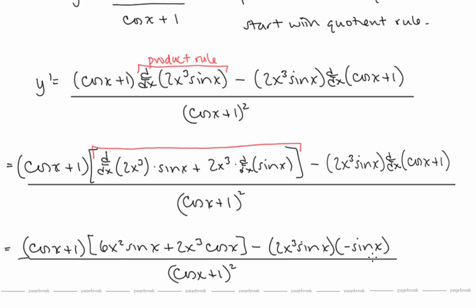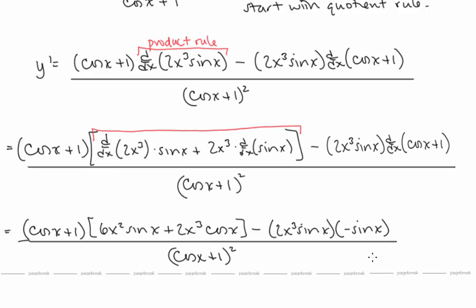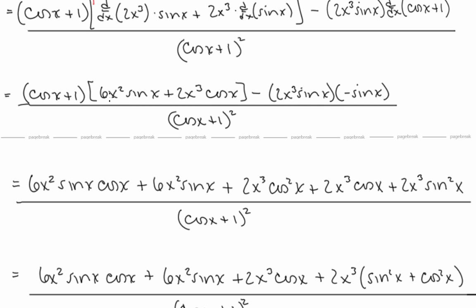So now we're here, and it looks kind of messy, but we should probably expand and simplify the numerator in case anything cancels. So expanding here, we get 6x squared sine x cosine x plus 6x squared sine x plus 2x to the third cosine squared x plus 2x to the third cosine x.